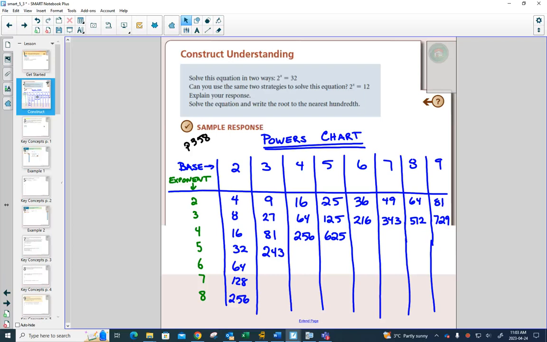So then we look at other columns and say, do the numbers 27 and 9 ever appear in the same column? And the answer is yes. 27 is 3 cubed, and 9 is 3 squared. So both 9 and 27 show up in the column in the powers chart with a base of 3.